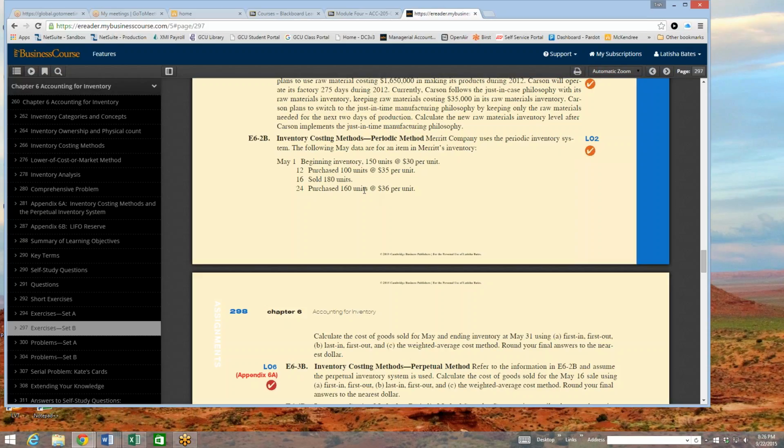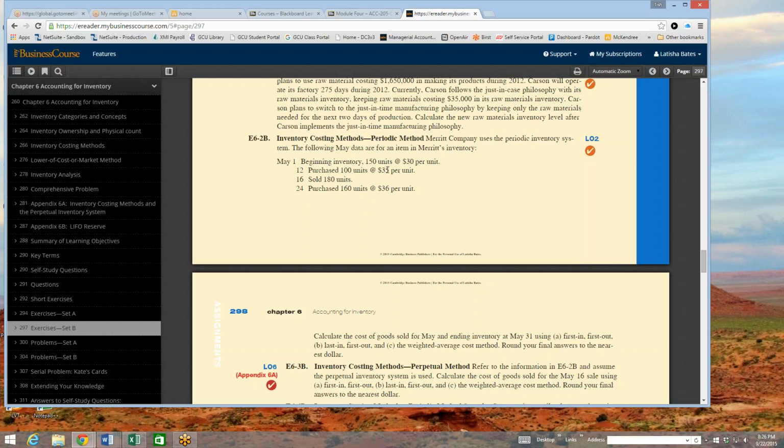So using the first in, first out method, you then have to figure out how many units you actually have out of, so you have 150 plus 100 minus 180. So that's going to tell you what your remaining amount is that you would do at $35 per unit.